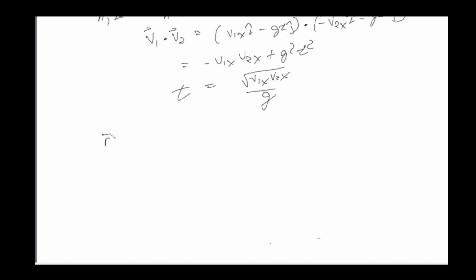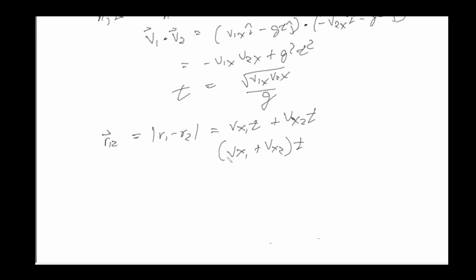So we're looking for the vector r12, which would be equal to the magnitude of r1 minus r2, which in this case would be vx1 times time plus vx2 times time, or vx1 plus vx2 times time.